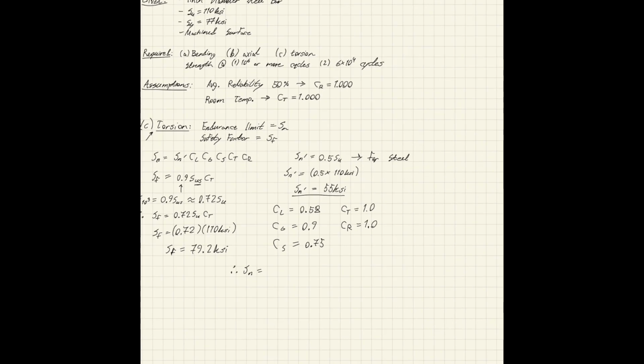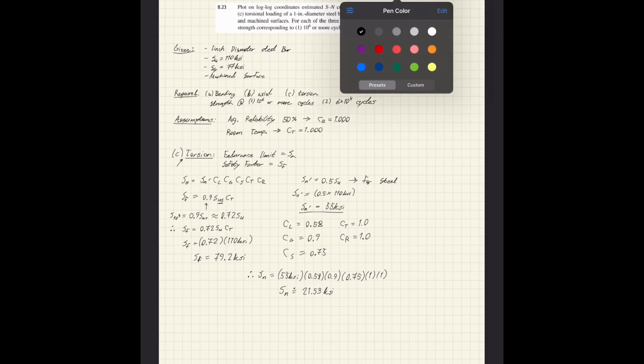Therefore, SN is equal to 55 KSI times 0.58 times 0.9 times 0.75 times 1 times 1. Our SN is therefore equal to 21.53 KSI, rounded.